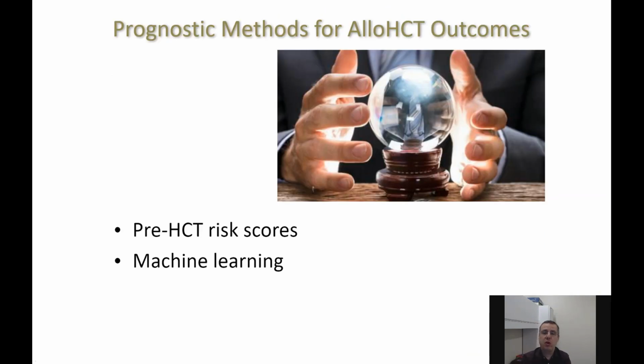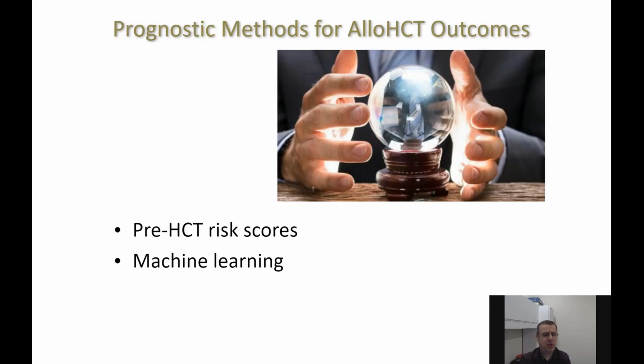Which brings us to the prognostic methods that can be used in predicting allogeneic transplant outcomes, and in particular, graft-versus-host disease. Pre-transplant risk scores have been developed and validated.